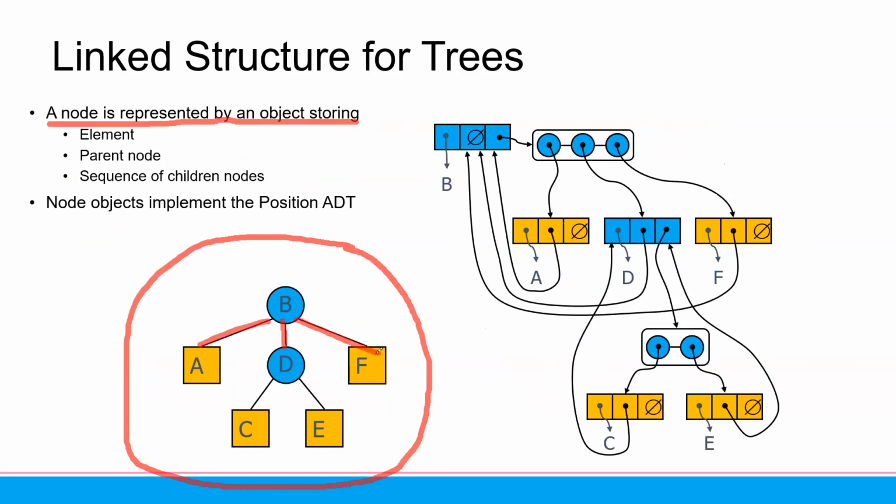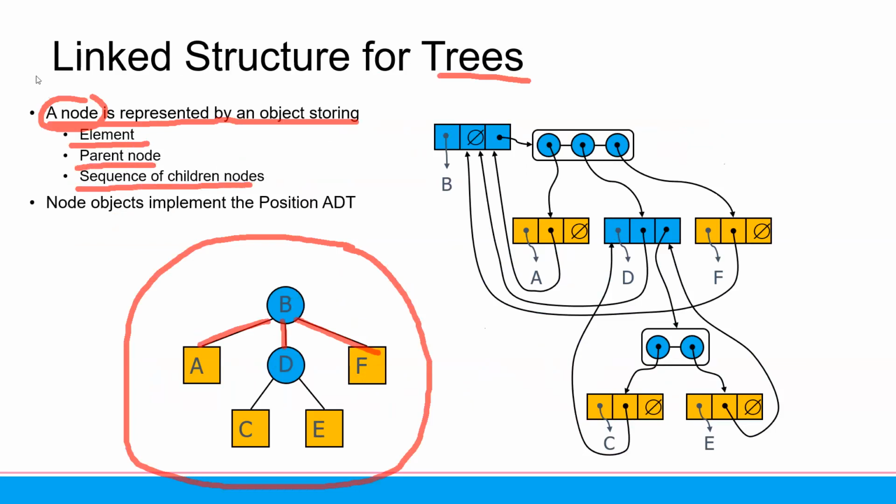If it is a binary tree, then at most we have 2 children. But now we have more than 2. So we call this just a tree. And we know the node from the linked list means we can see the element, and now we can make a link, and the link is the link to the parent node, and there will be another link to check the sequence of the children nodes.